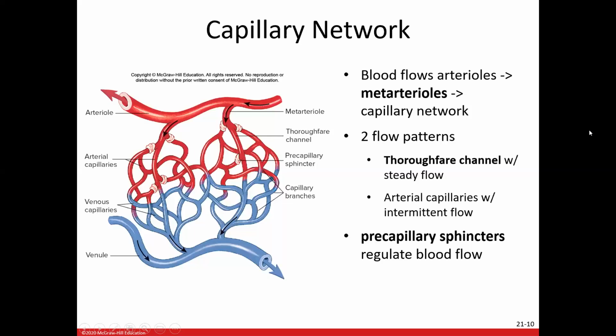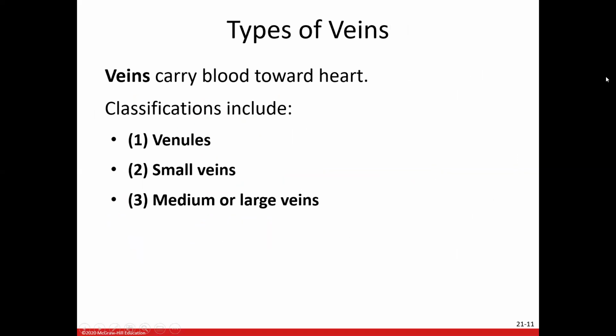One more thing. Once we have the oxygenated blood dropped off at whatever the capillary is surrounding, an organ system, tissue, whatever, that deoxygenated blood is going to be picked up by the venous capillaries, and then those venous capillaries are going to be brought to the venules, which are a type of vein. So your veins are responsible for carrying blood back towards your heart.